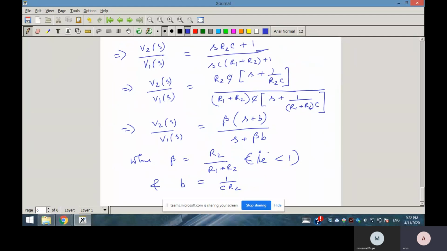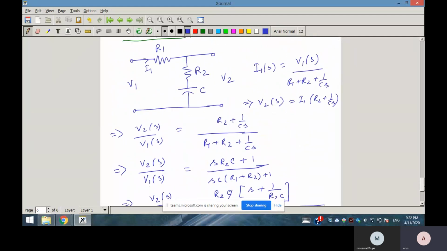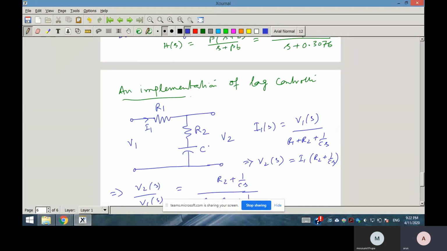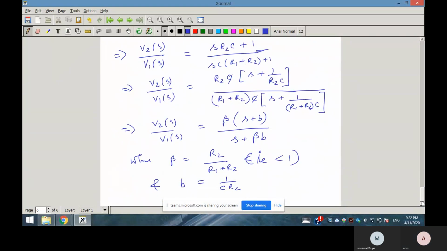So this circuit represents a lag controller.